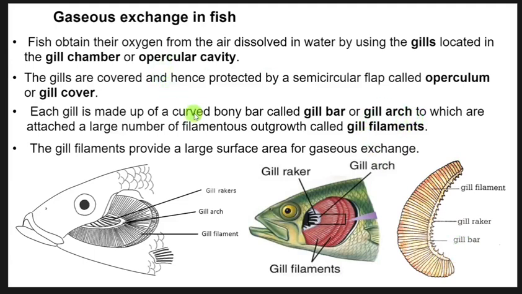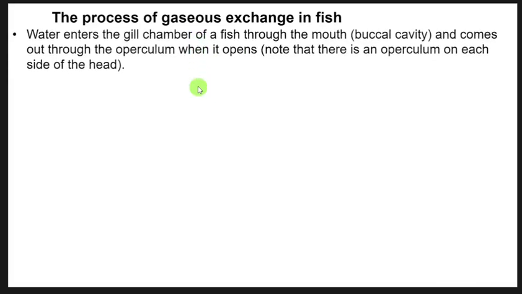All right, now let's look at the process of gaseous exchange in fish. So water enters the gill chamber of fish through the mouth or buccal cavity and comes out through the operculum when it opens. Note that there is an operculum on each side of the head.